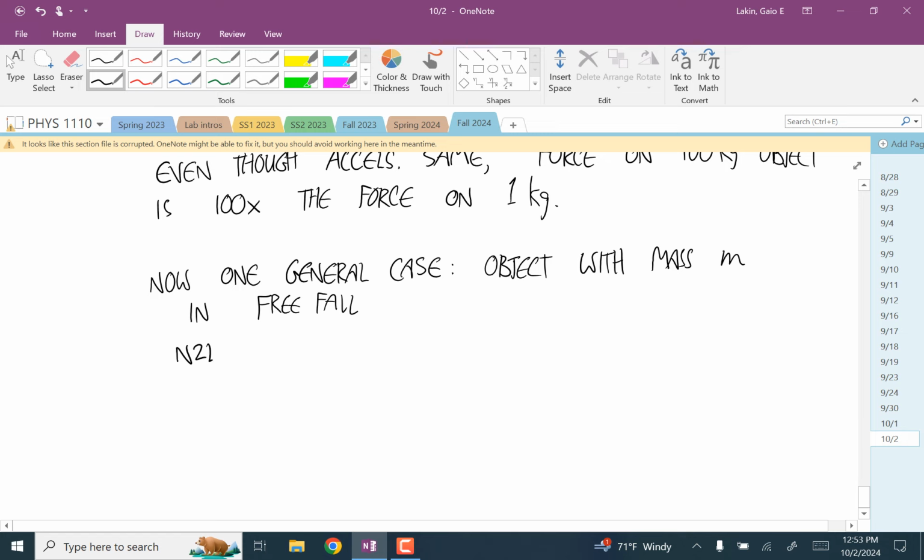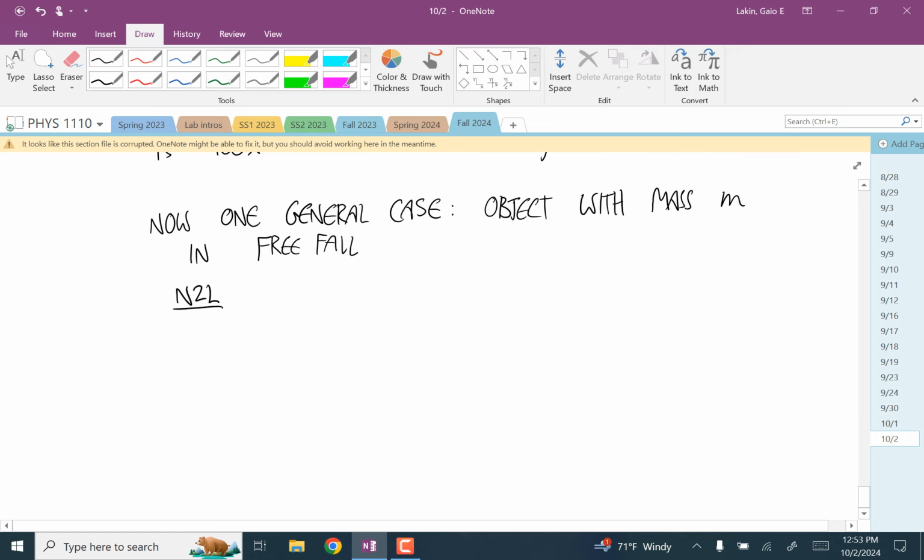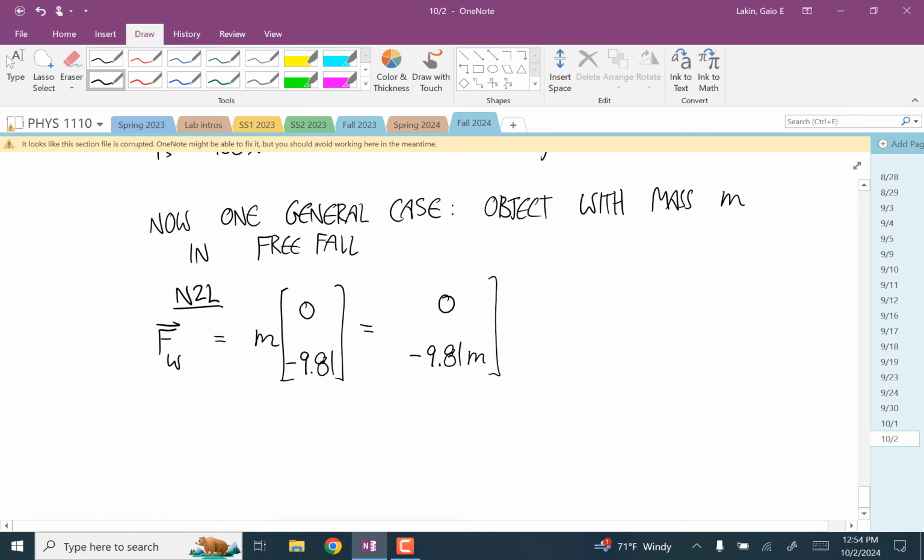Newton's second law says the weight force is equal to the object's mass times its acceleration, 0, negative 9.81. And so you get that the weight force is equal to 0, negative 9.81 m, or you often see it written as 0, negative mg.